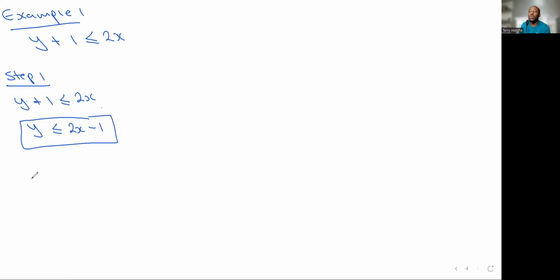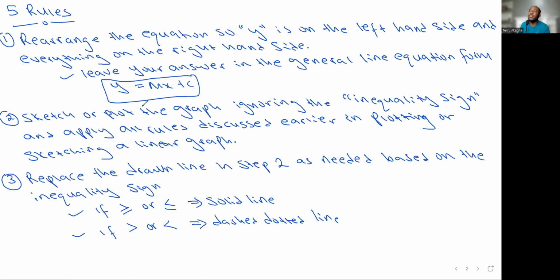Now, step 2. Step 2 says, sketch the plot ignoring the inequality sign and apply all the rules discussed earlier in plotting a linear graph.